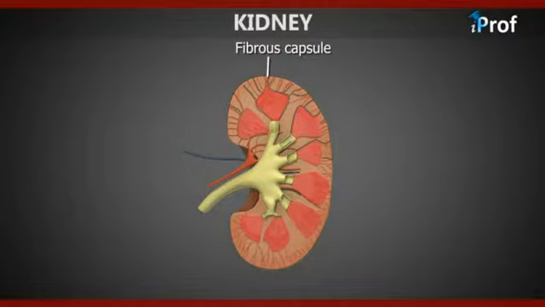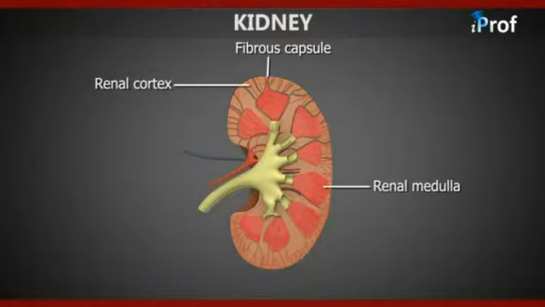Outer peripheral part is called cortex and inner part is called medulla. That is renal cortex, that is the renal medulla.